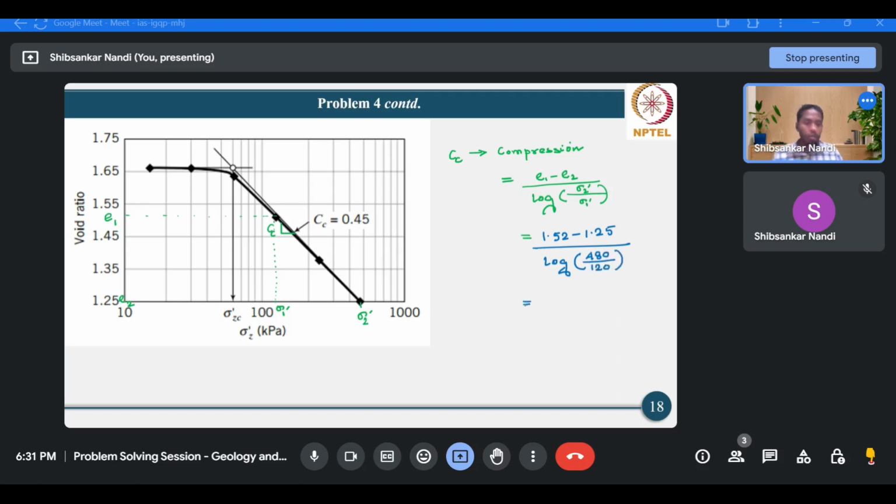If we calculate, this value would be 0.45 as shown in this plot. So the compression index we have obtained as 0.45 after plotting the void ratio versus pressure data in a semi logarithmic plot.